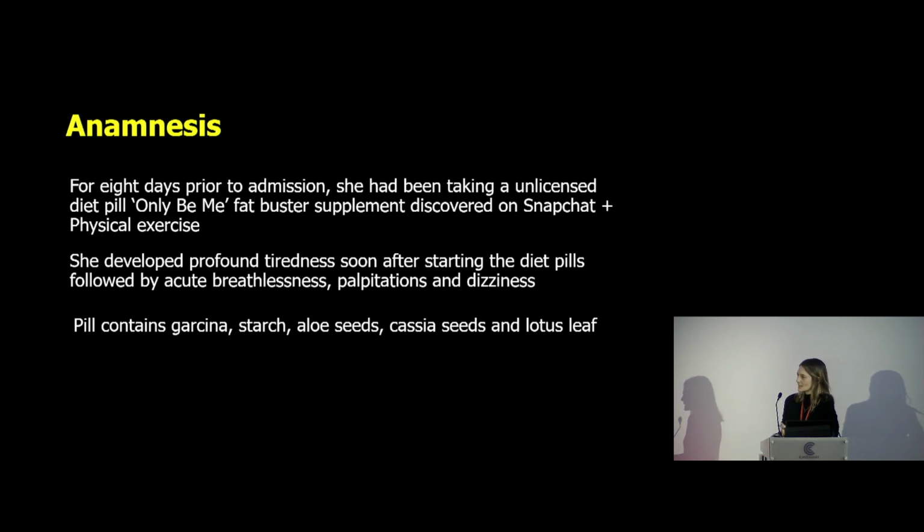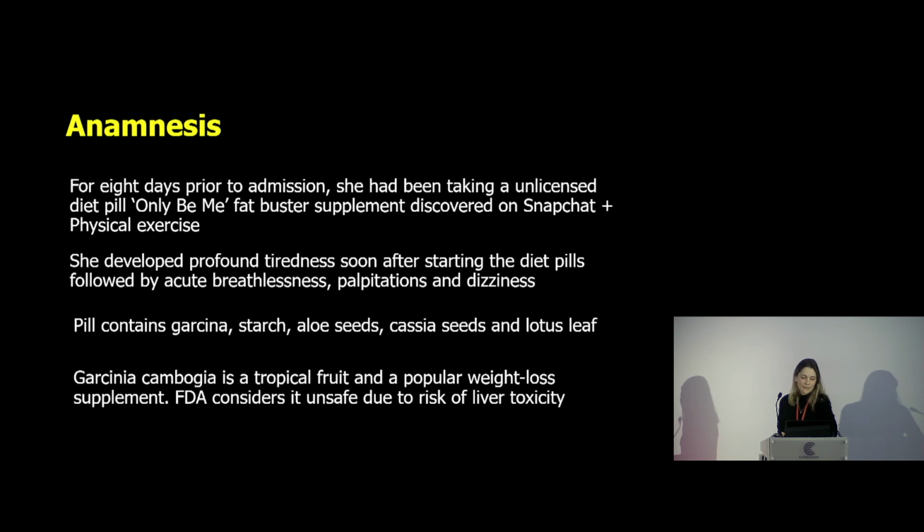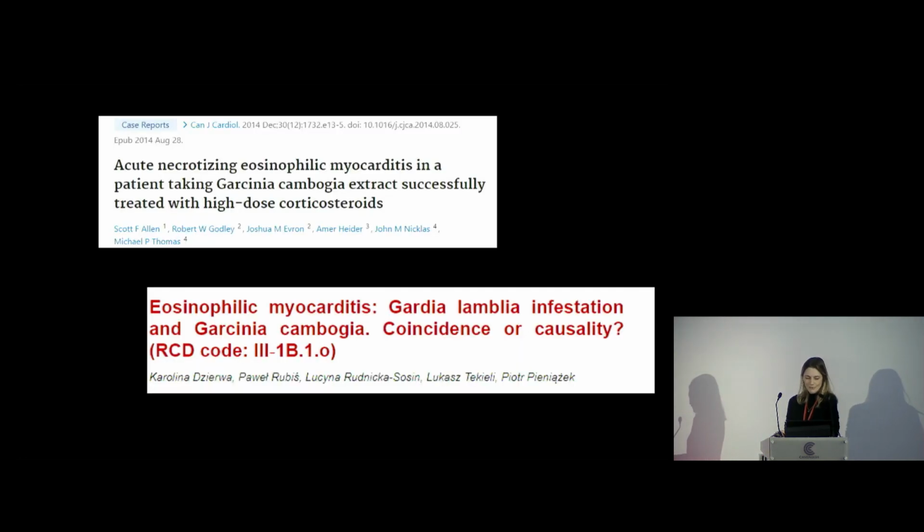This pill contains a lot of natural ingredients, in particular Garcinia cambogia, which is a tropical fruit and a popular weight loss supplement. It's considered unsafe by the FDA due to the risk of liver toxicity. Looking in the literature, we did find a couple of cases of acute necrotizing eosinophilic myocarditis in patients taking Garcinia.